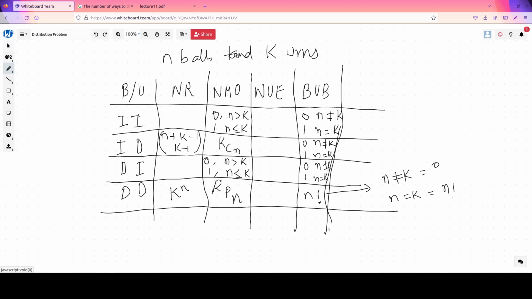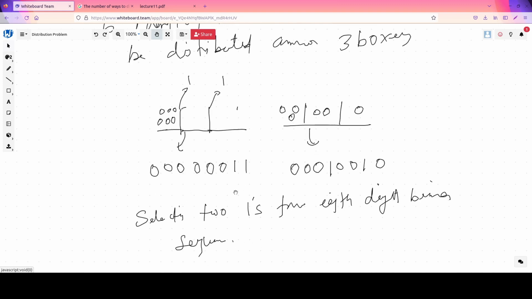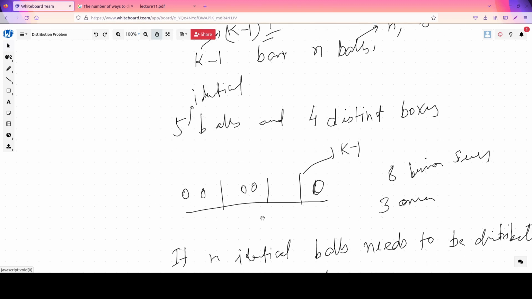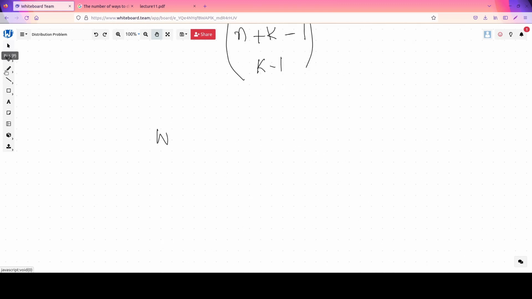So let's take another one where each of the urns should not be empty, right? Now let's see how we are going to do that. If each of the urns is not empty, right? So again, we have filled that form. Now let's try to delete this.